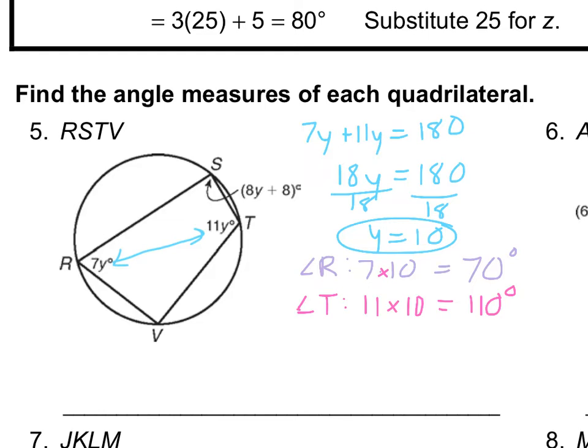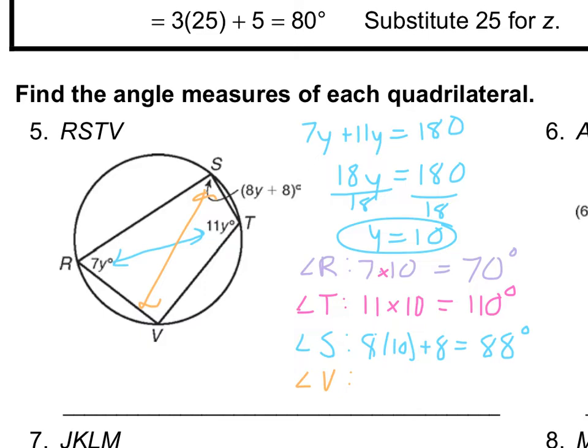Next, we can plug it into angle S. So this is 8 times 10 plus 8. 8 times 10 is 80. 80 plus 8 is 88. So those are 3 of our angles. And next, to find angle V, we know that S and V are supplementary, meaning they add up to 180.